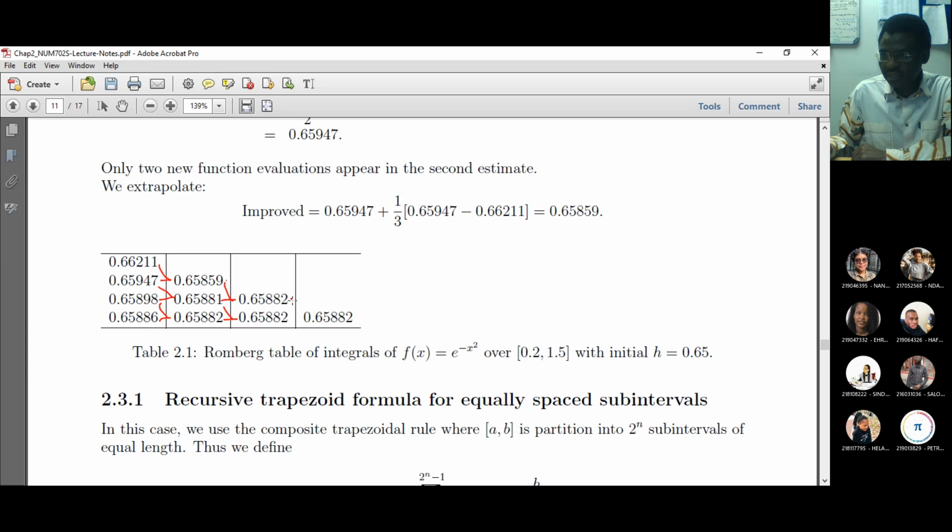And finally, you take this one and this one, those two. So that's how you compute.